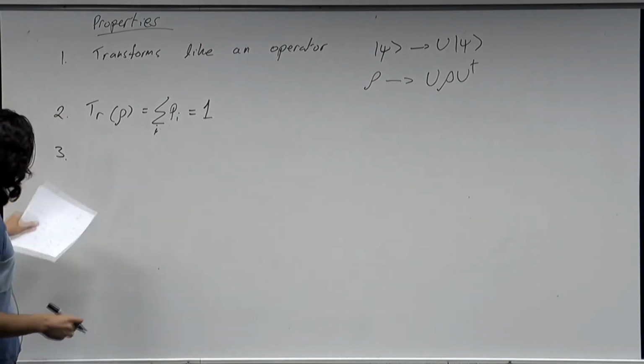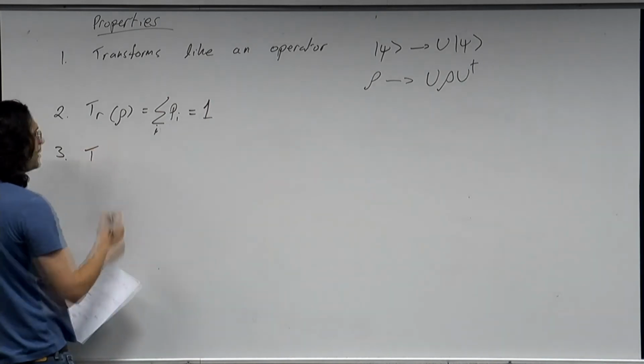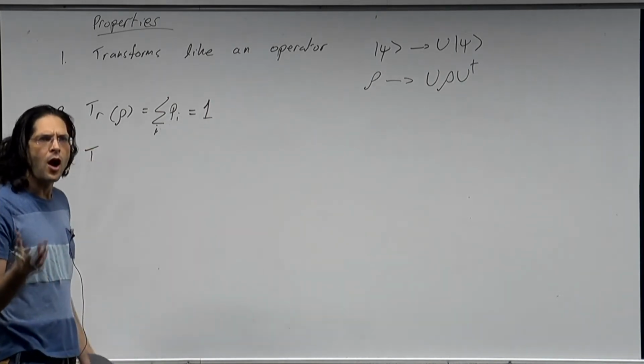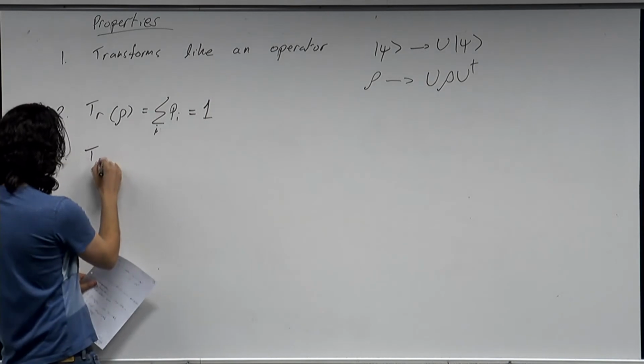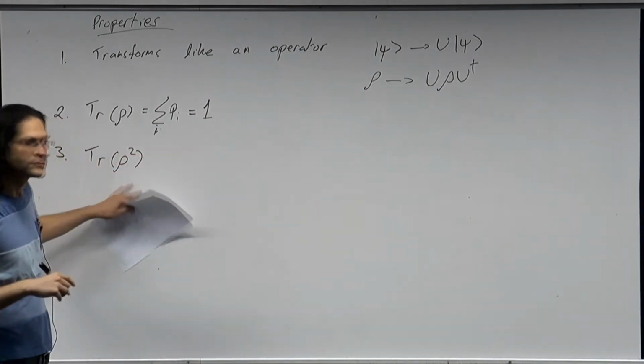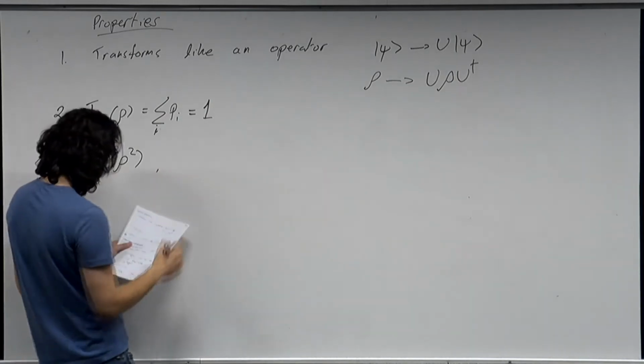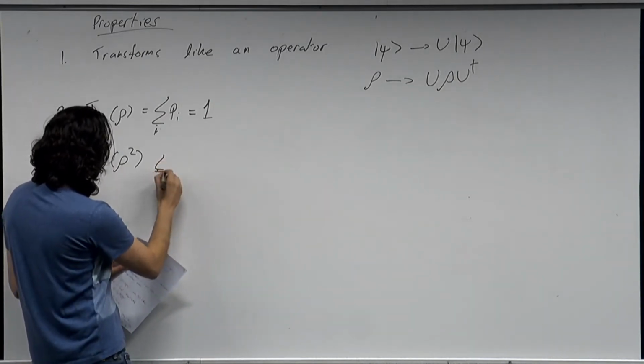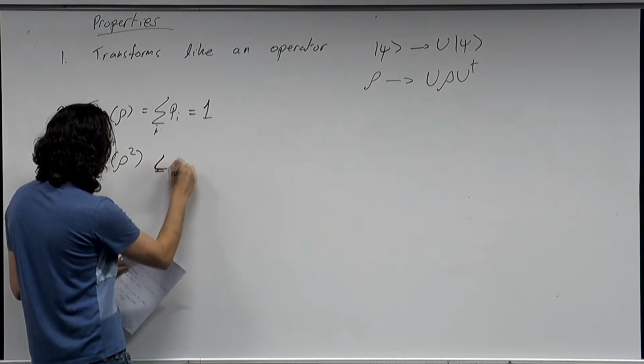The third property regards the purity of the state. If we do a trace of rho squared, then we know it has to be equal to or smaller than 1.